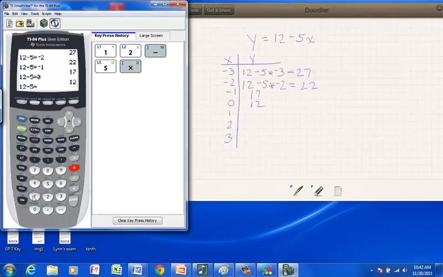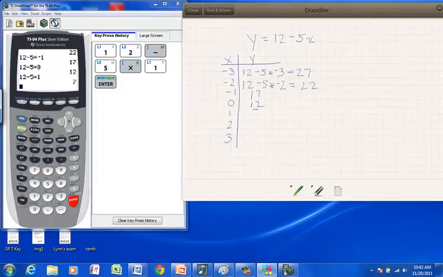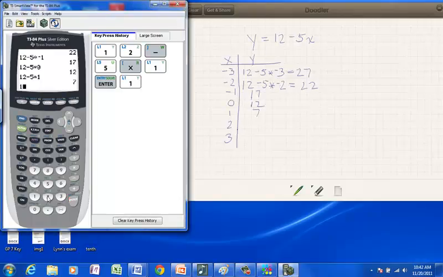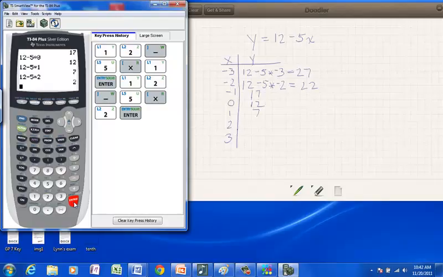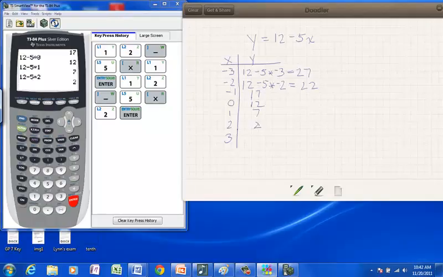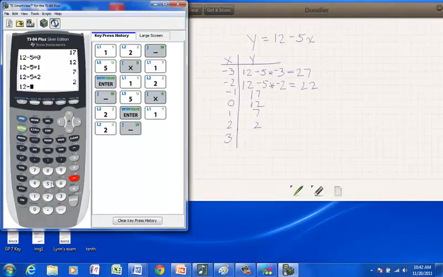Now x is 1, so 5 times 1. And at 2, it's also 2. And that's -3.